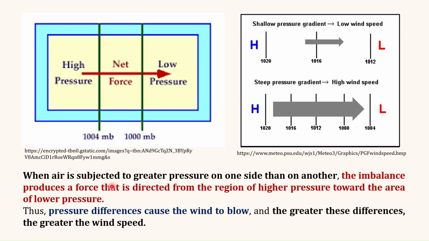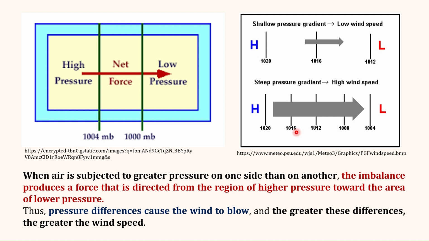When air is subjected to higher pressure on one side than on the other, the imbalance produces a force that is directed from the region of high pressure towards the region of lower pressure, and thus the pressure differences cause the wind to blow. The greater the pressure difference, the greater the wind speed.